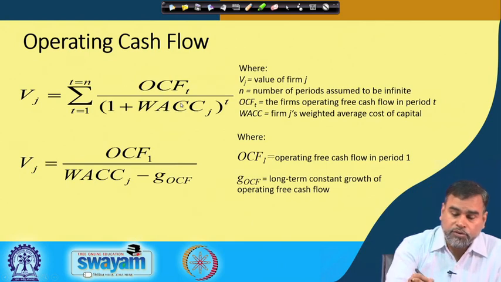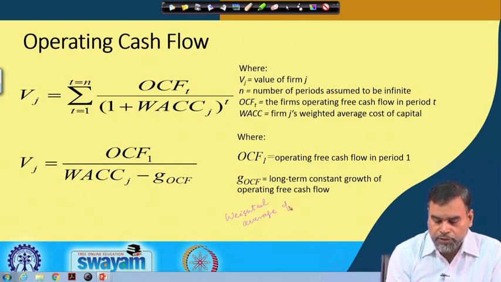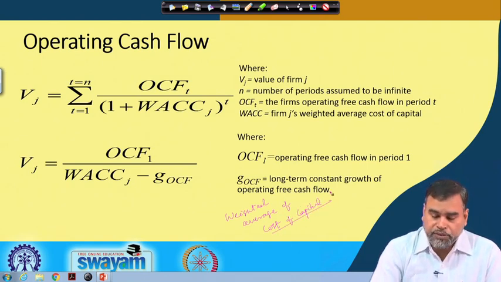So, what is WACC? Already you know what WACC is. WACC is basically the weighted average of the cost of capital. So, how to calculate the weighted average cost of capital?